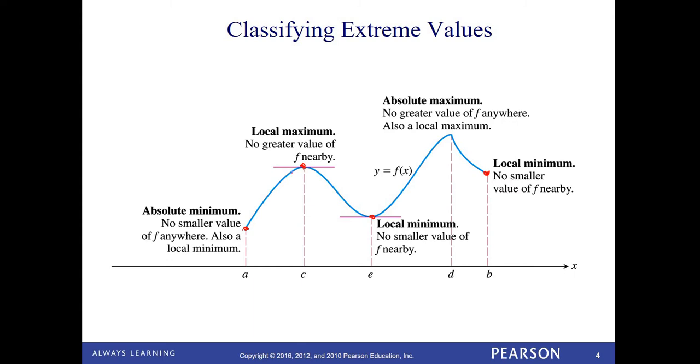We call them local because there's no greater value nearby. So if I took an interval close to this, it is a maximum for that smaller interval. The same holds true for a minimum. A local minimum is the smallest point in a smaller interval, with no smaller value for f nearby this particular point, f of e.